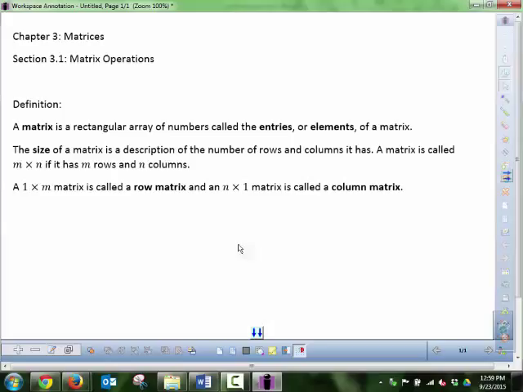It's important to be able to identify the size of the matrix. Since it's a two-dimensional array, we can think about it as rows and columns. When we say the size of the matrix, we say the number of rows first and then the number of columns.